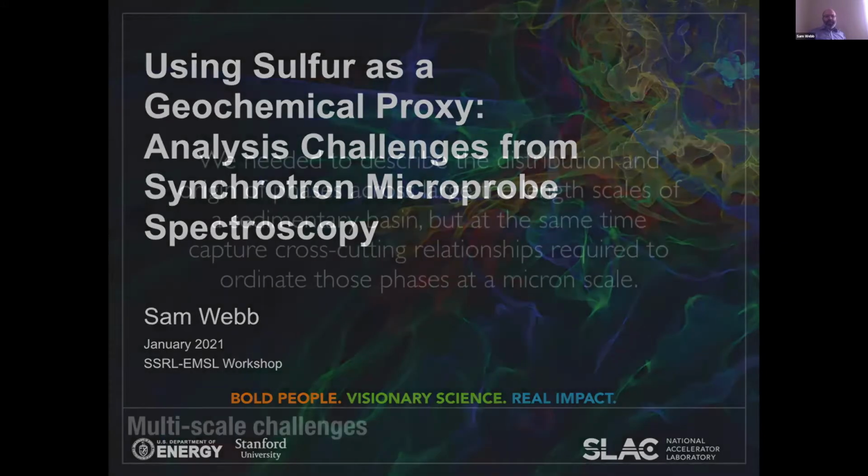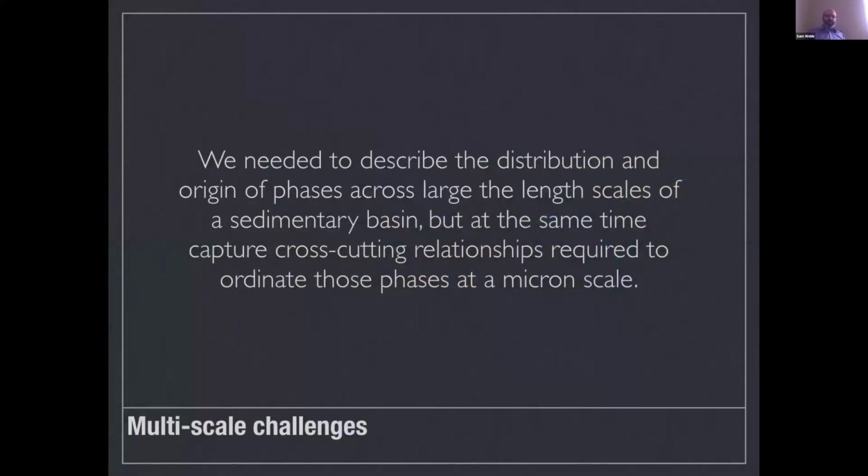In this sense here, we're trying to describe a distribution and origin of different phases across geological length scales, so the entire sedimentary basin, to try to understand that chemistry, but then looking at the relationships of chemistry and structural bits at the micron scale to try to understand when things were deposited and what's happened throughout geologic time afterwards.